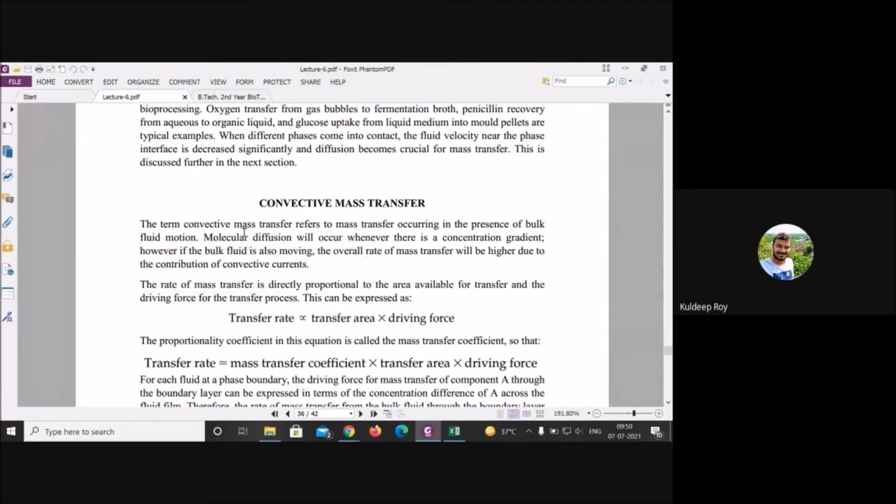The term convective mass transfer refers to mass transfer occurring in the presence of bulk fluid motion. Molecular diffusion will occur whenever there is a concentration gradient. However, if the bulk fluid is also moving, the overall rate of mass transfer will be higher due to the contribution of convective currents.